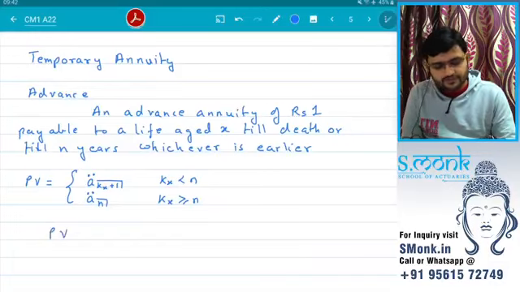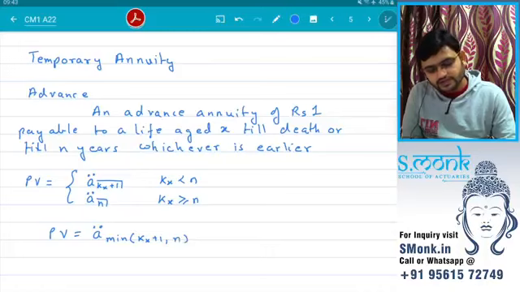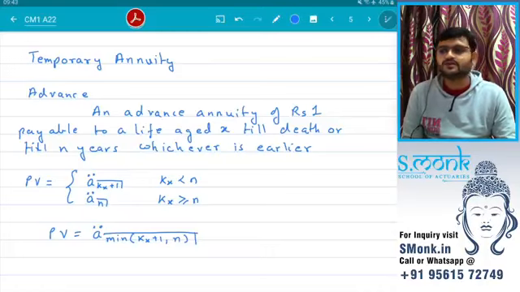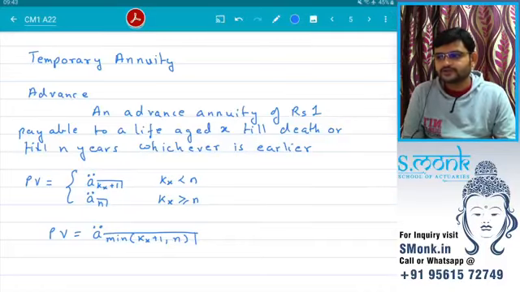So we say the present value would be nothing but a due, minimum of K x plus 1 comma n. Whichever is lower, that is the time when we will be stopping the payments. If K x plus 1 is lower, then we stop at that time. If n is lower, then we stop at that.